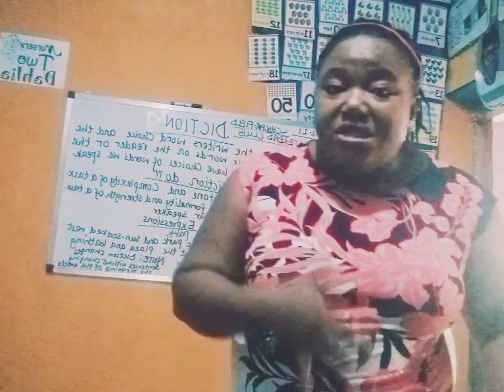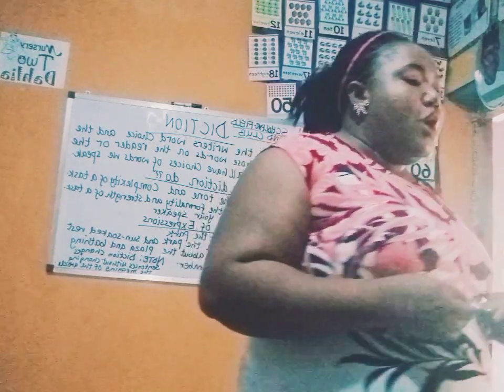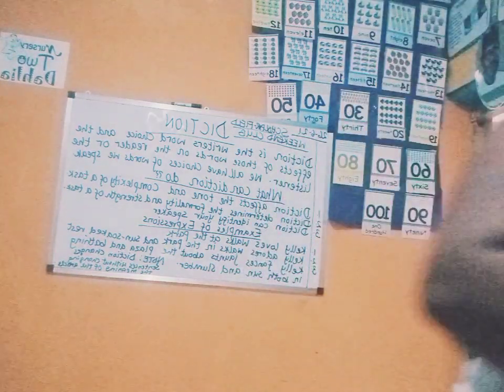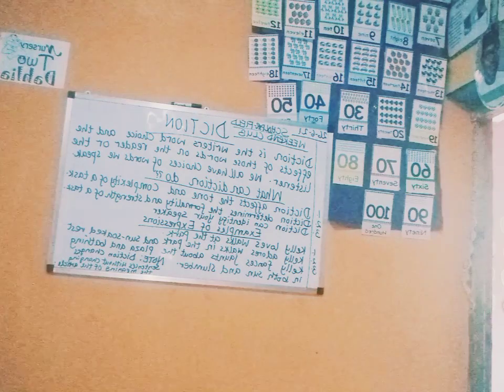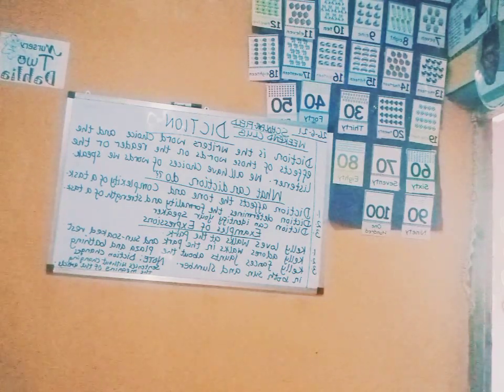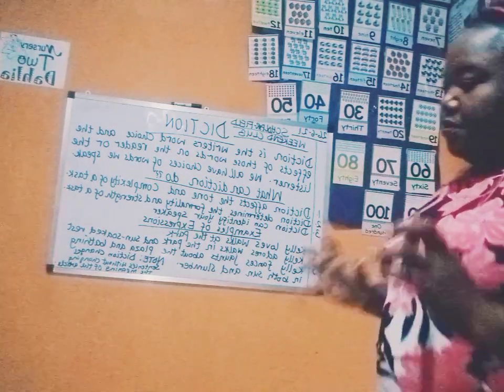I am the writer, I am the speaker, and I decide to twist from article to article, from journal to journal. So diction is the distinctive vocabulary choice or the style of expression that the author or the speaker adopts. Are you listening to me?